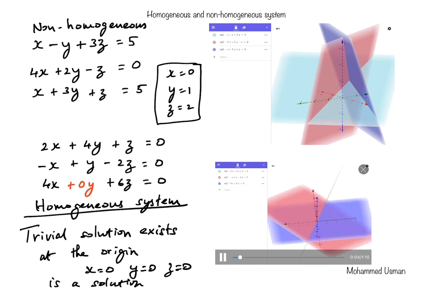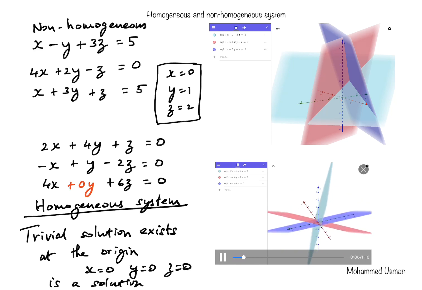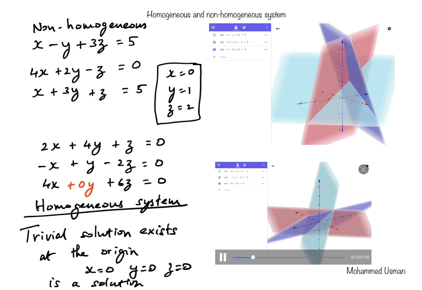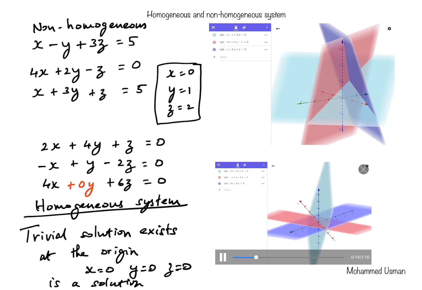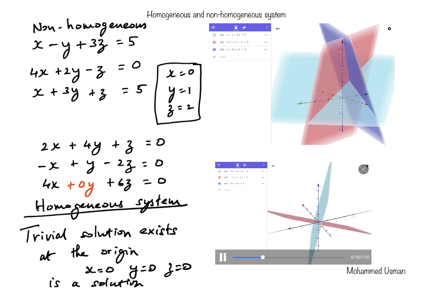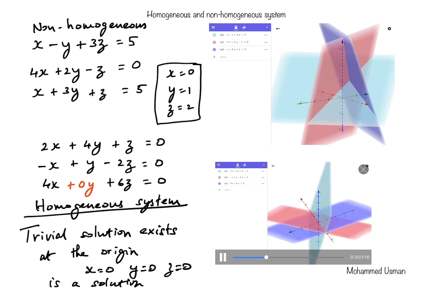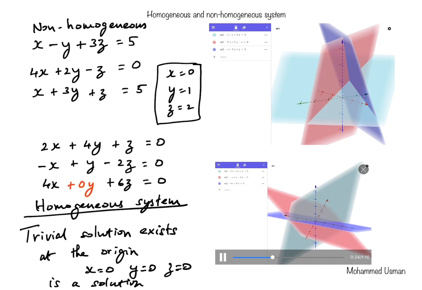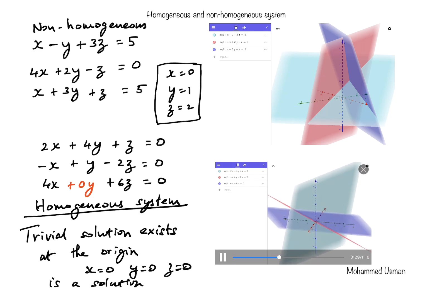You clearly see that all the planes are crossing each other and they are passing through the origin. I will illustrate in the next few slides that the crossing is not a point, but they all cross each other at a line. That entire line forms the solution space.